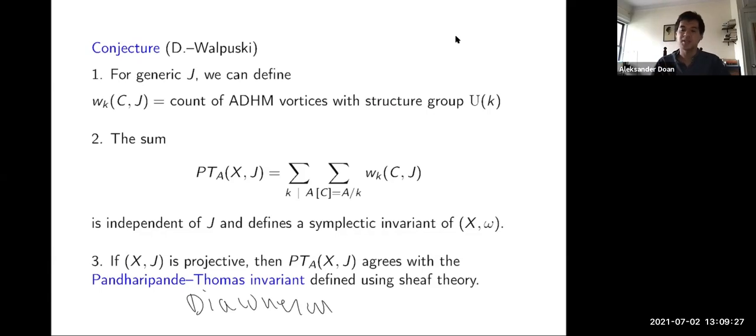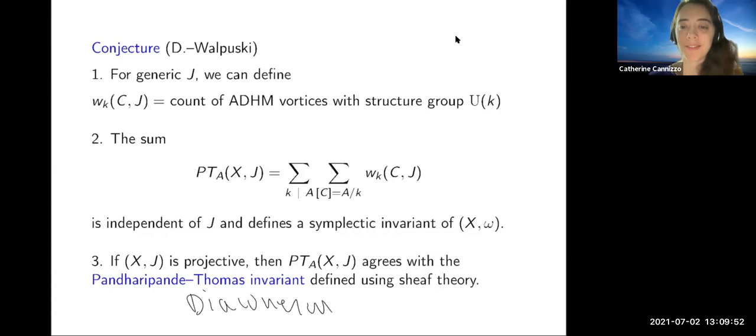The genus is built into Gromov-Witten theory, whereas it's not built into the subset topology or, for example, the current topology, because the genus doesn't even appear in the definition of the current topology. That makes sense. Thanks.